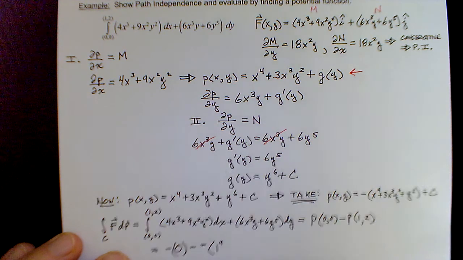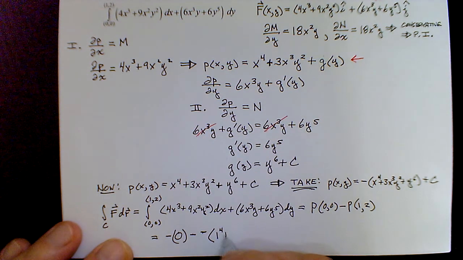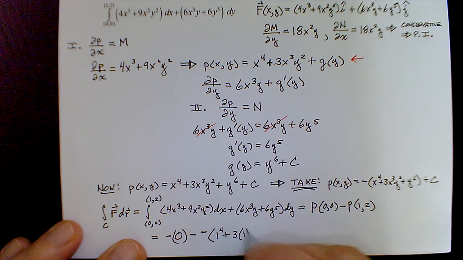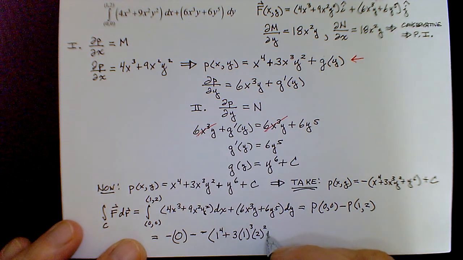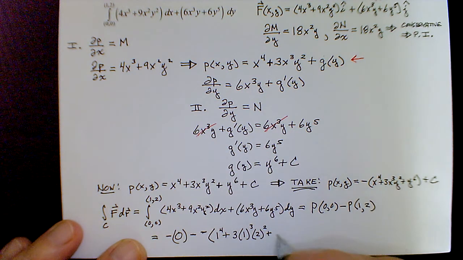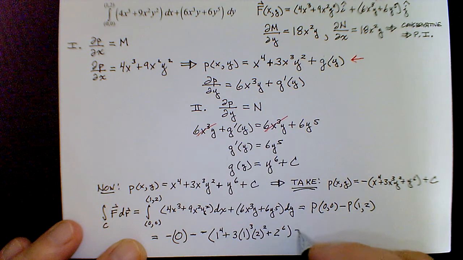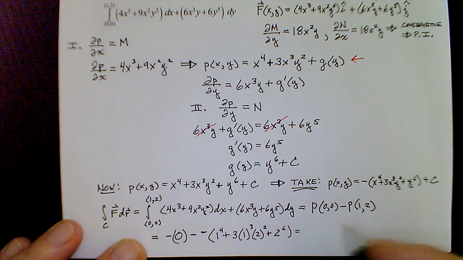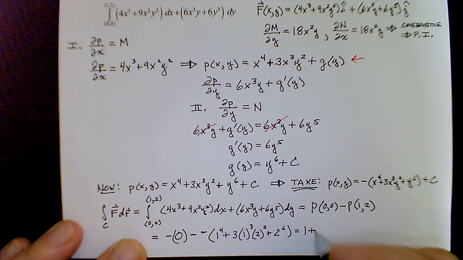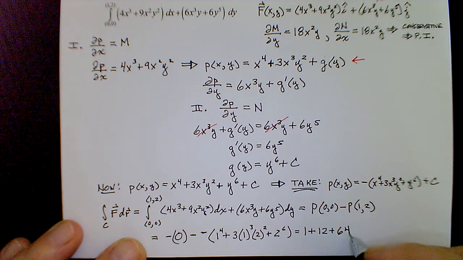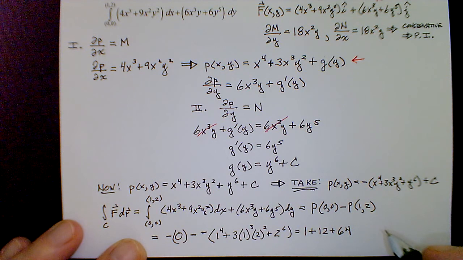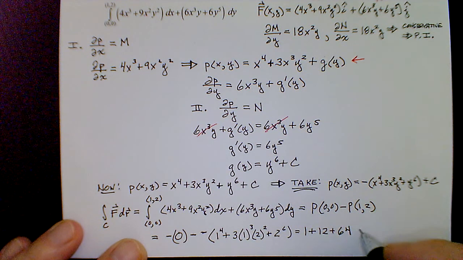So 1 to the 4th plus 3 times 1 cubed, y is 2, 2 squared, and then plus y to the sixth is 2 to the sixth. Okay, so that's 0. This makes plus, and then we'll just have 1 plus 4 times 3 is 12. 2 to the sixth is 64. 2, 4, 8, 16. Yep, 64. And so we get 77.